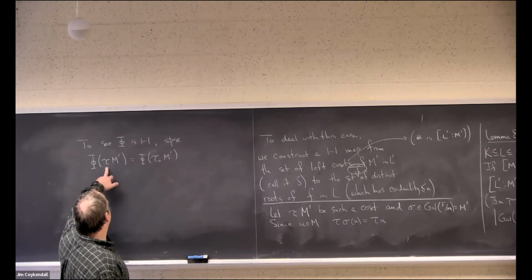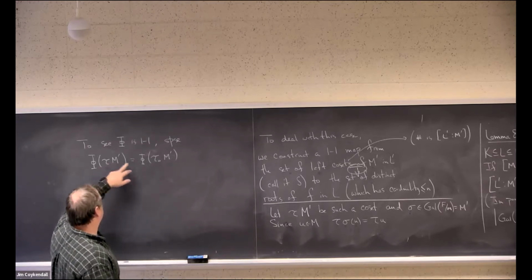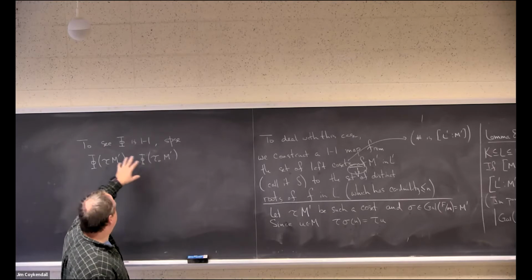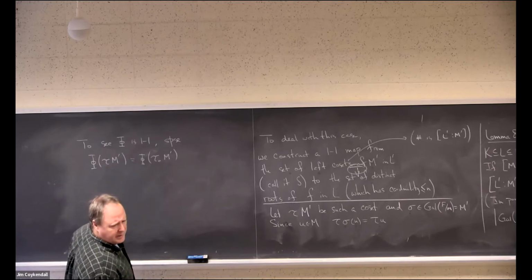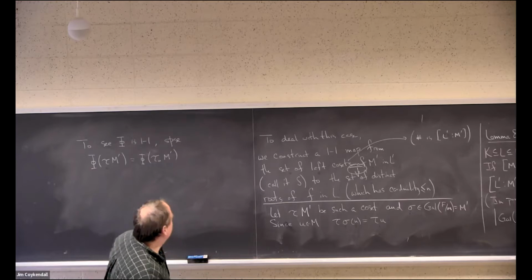Suppose that phi of tau M prime equals phi of tau naught M prime. I need to show that tau and tau naught represent the same left coset. What does this mean?